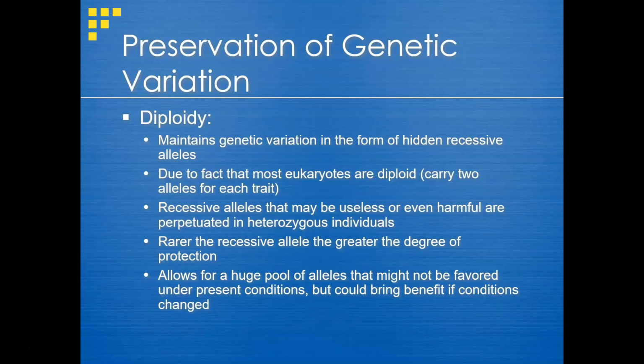Each parent is heterozygous for that characteristic, so that dominant phenotype presumably is the one that is most adaptive to the environment. Those individual heterozygotes are able to mate with each other, and they will occasionally, statistically, produce recessive offspring that would be less adaptive to their environment as a result.